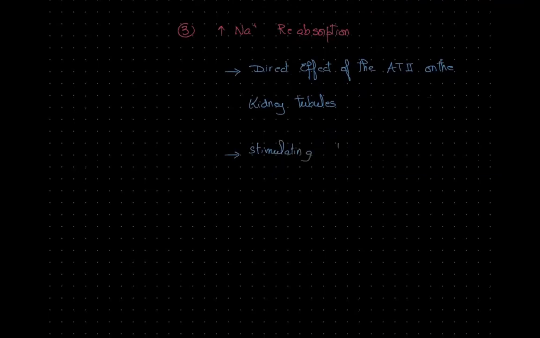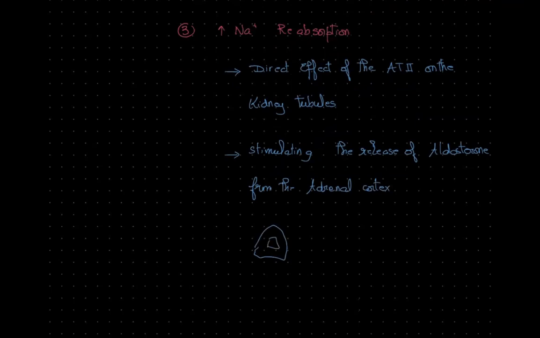aldosterone from the adrenal cortex. So angiotensin II goes to the adrenal cortex, stimulating it to release aldosterone.